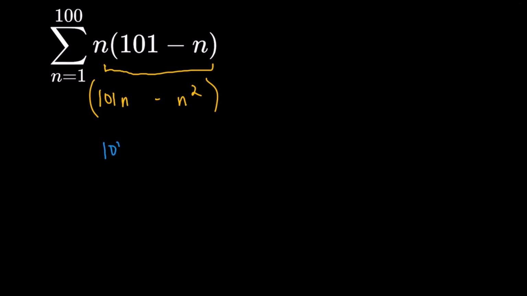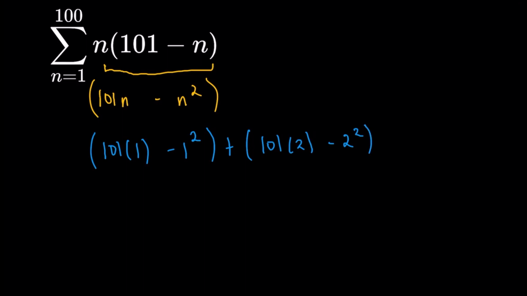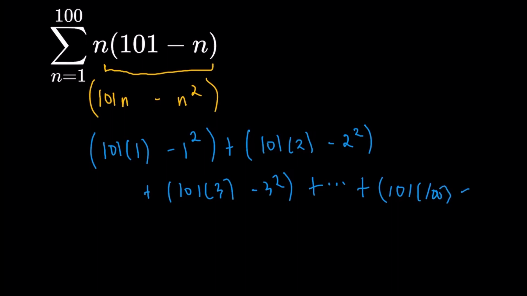The first term is 101 times 1 minus 1 squared, plus 101 times 2 minus 2 squared, 101 times 3 minus 3 squared, and so on and so forth until the 100th term, 101 times 100 minus 100 squared.